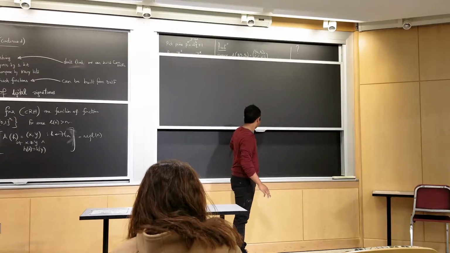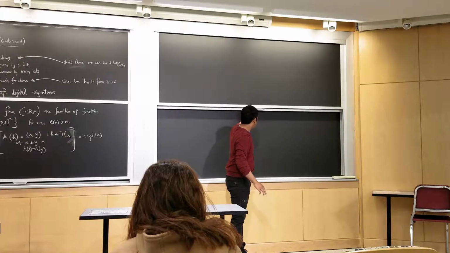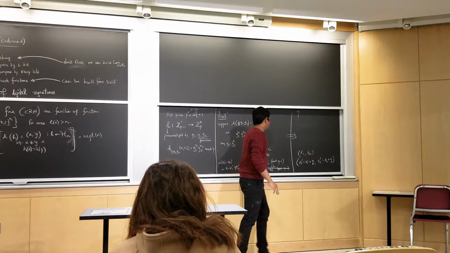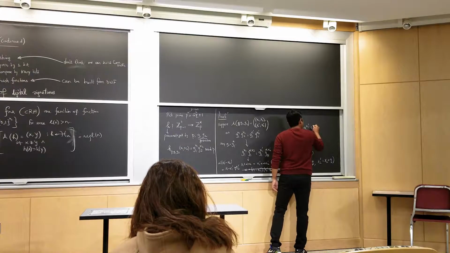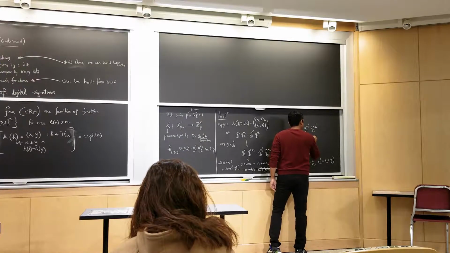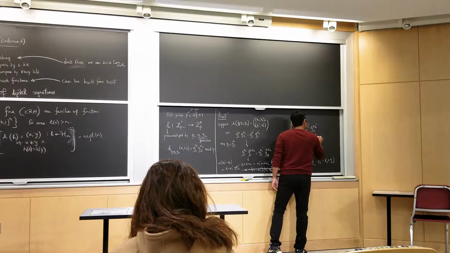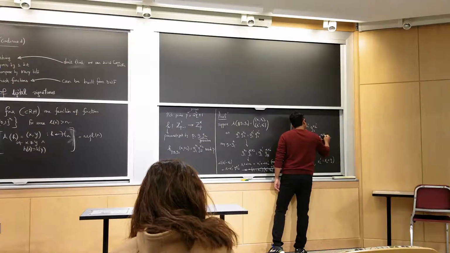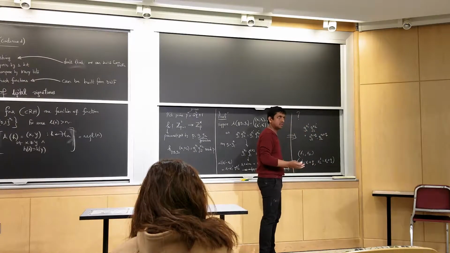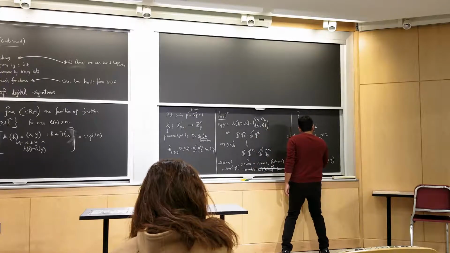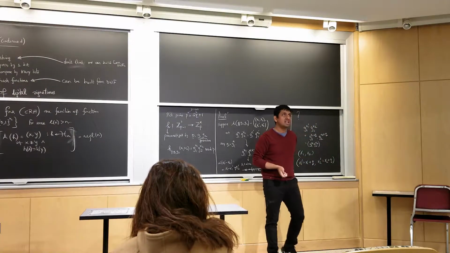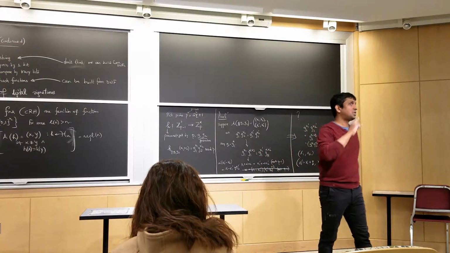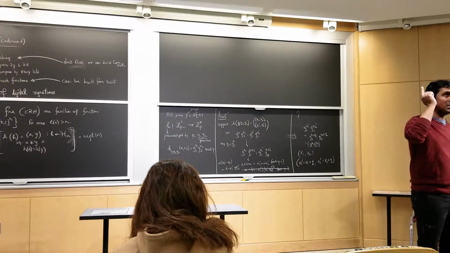Why? Because g1 to the x1 prime, g2 to the x2 prime, is g1 to the x1 plus q times g2 to the x2 plus q. This is g1 to the x1, g2 to the x2, times g1 to the q, which is what? I know that g1 to the 2q is g1 to the p minus 1, which is 1.